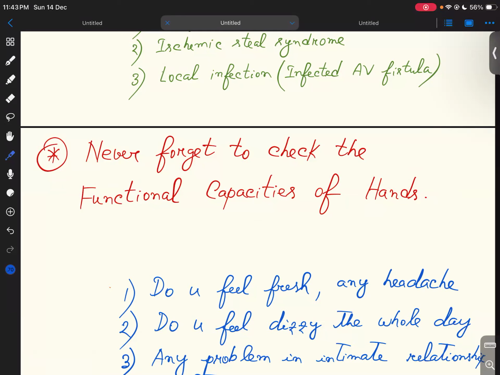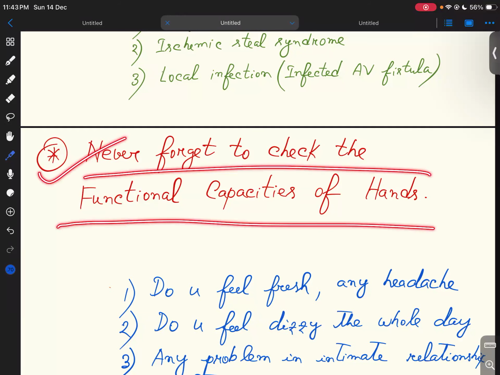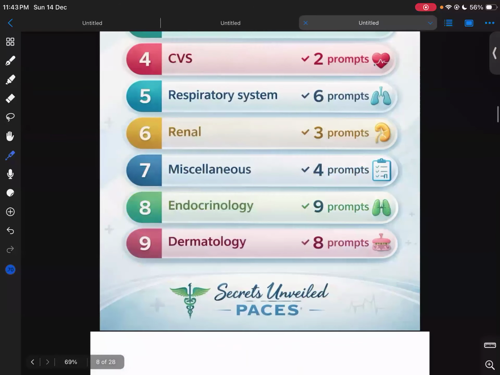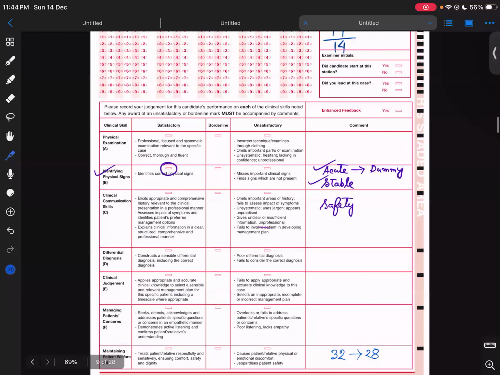And then we can ask the patient, can you please button and unbutton your shirt for me, or count for me? In these two ways, we check the functional capacity of the hand. If we don't check it, we lose our mark in the physical examination for sure.